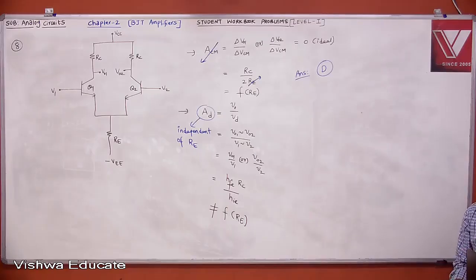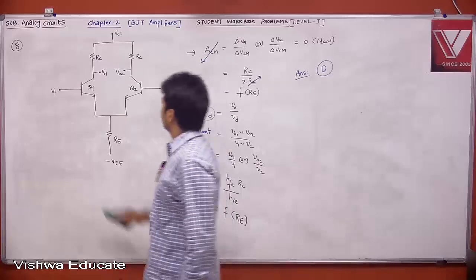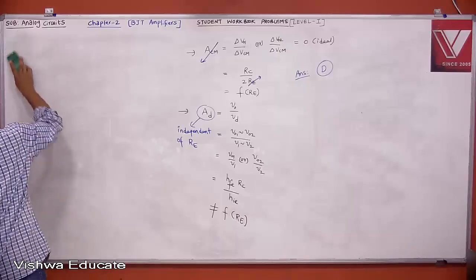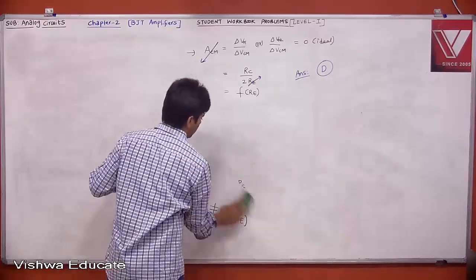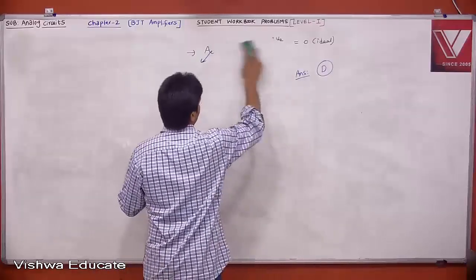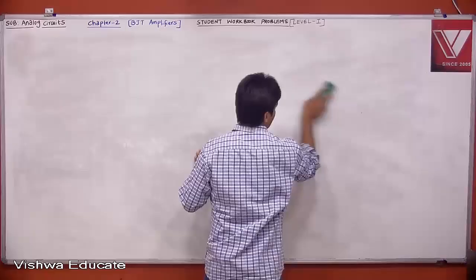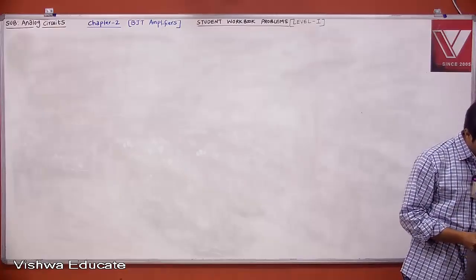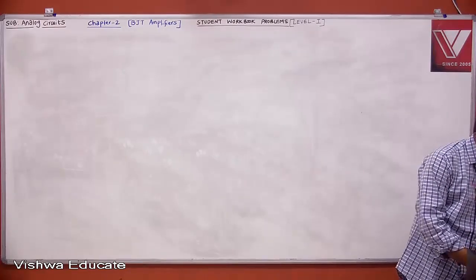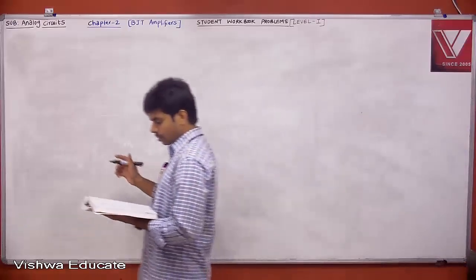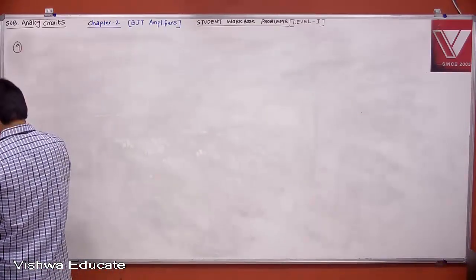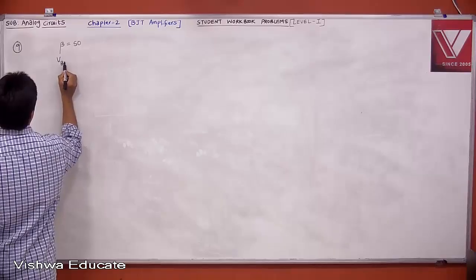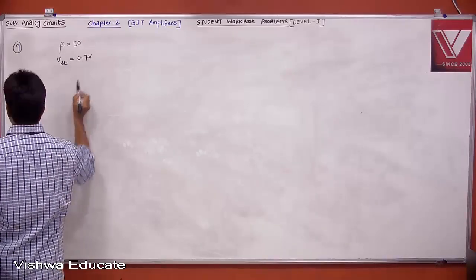Write down problem number 9. The circuit using a BJT with beta equal to 50 and VBE equal to 0.7.